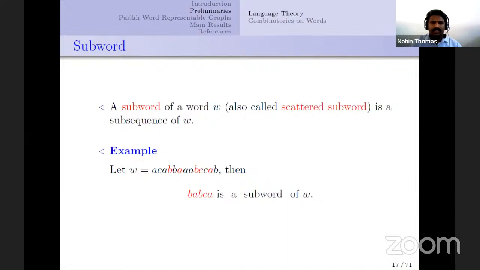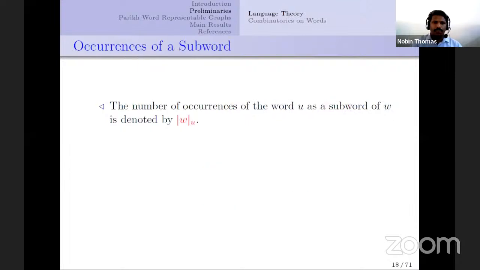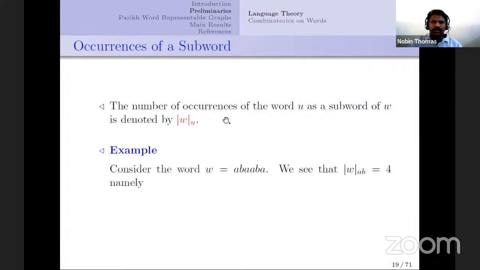For example, consider W equal to acab squared ab c squared ab, then babca is a subword of W. The number of occurrences of the word U as a subword of W is denoted by this symbol. For example, consider the word ab a squared ba. In this word, the number of ab is 4.